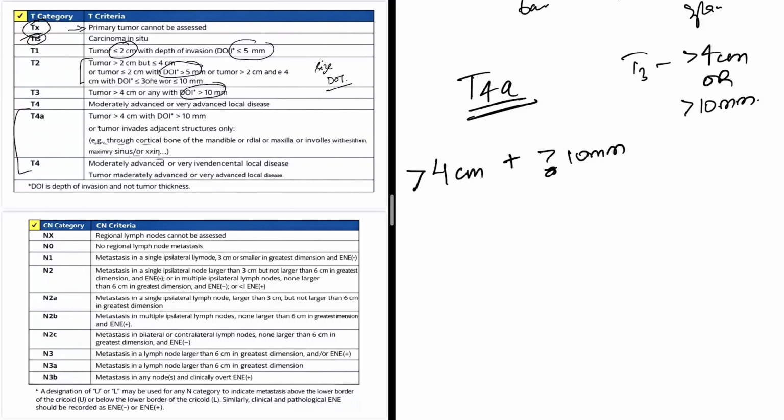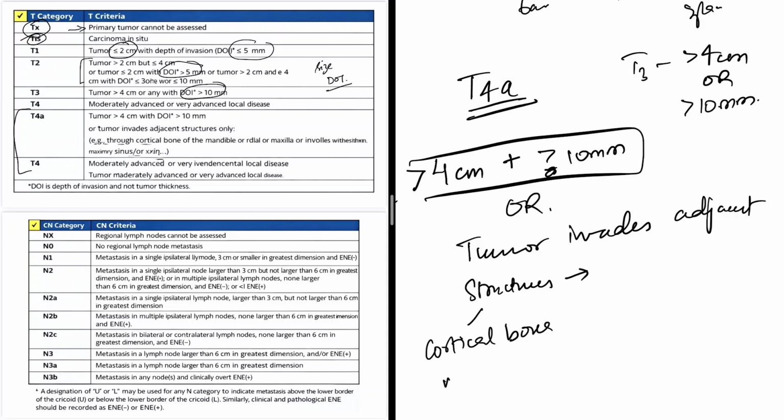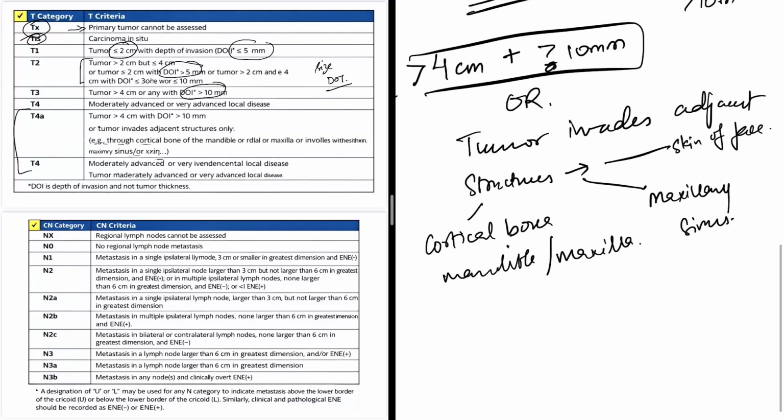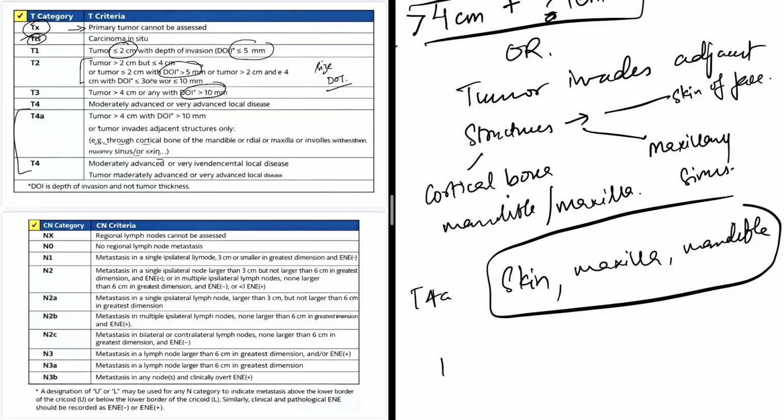Either this should be the case or the tumor invades adjacent structures like cortical bone of mandible or maxilla, extends to the maxillary sinus or skin of the face. So if the tumor involves the skin, maxilla, or mandible, all the nearby structures, then it is T4A. And if it involves SIMP, then it is T4B.